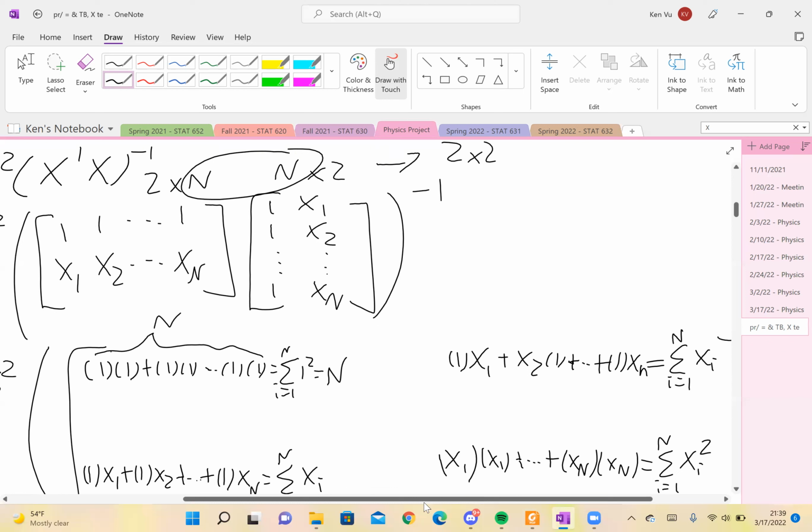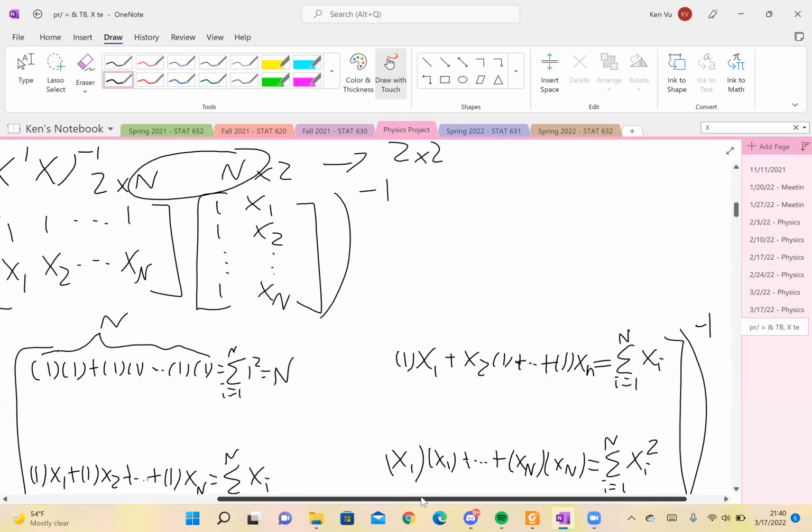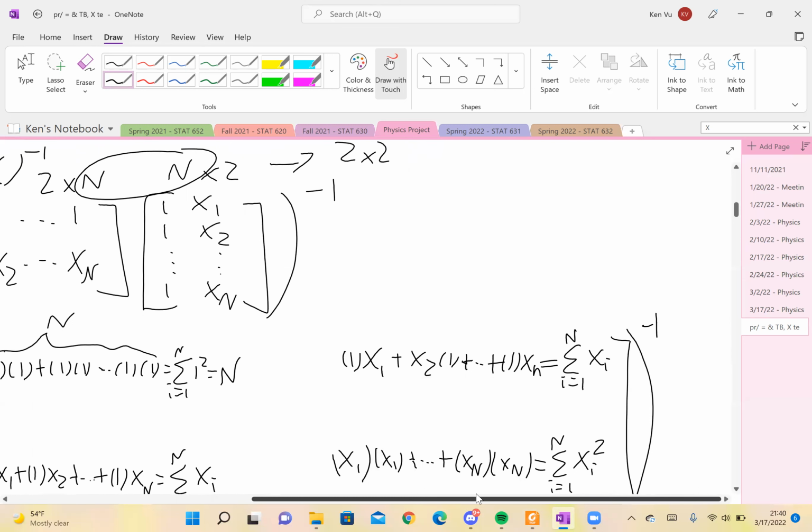Once you figure out the dot product, you'll find that you're just adding up all the X values, which gets you this nice summation from i equals 1 to n of xi, this summation right here.